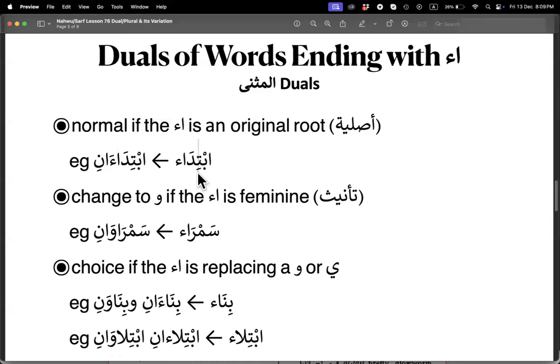Ba, dal, and hamzah. So this is an original root. This is singular; to make it dual, just add ani at the end: ibtida'ani.